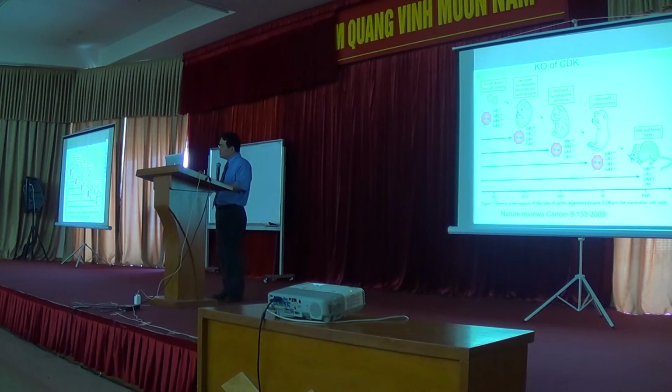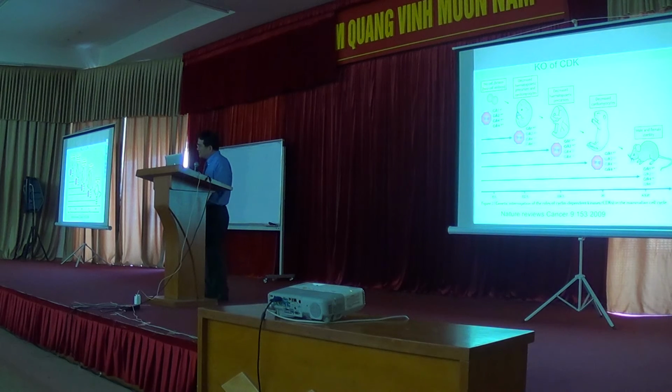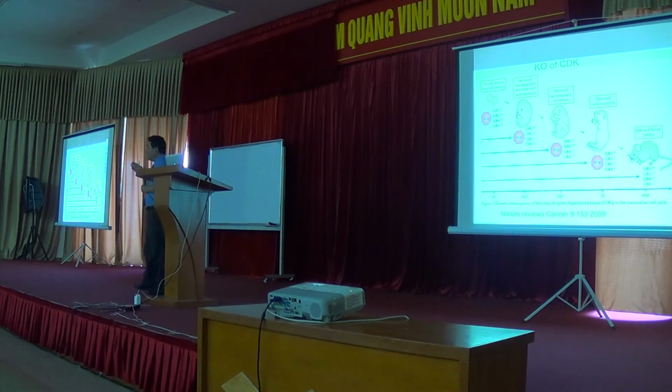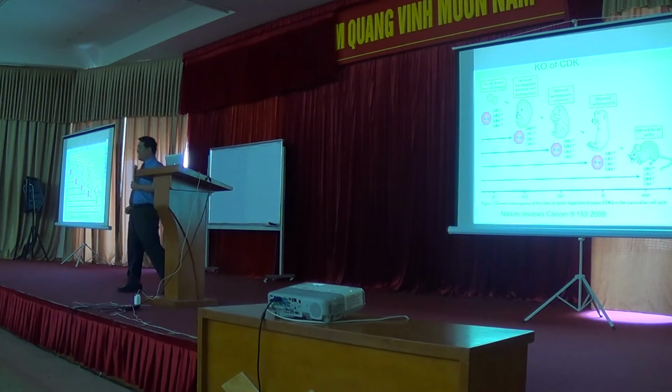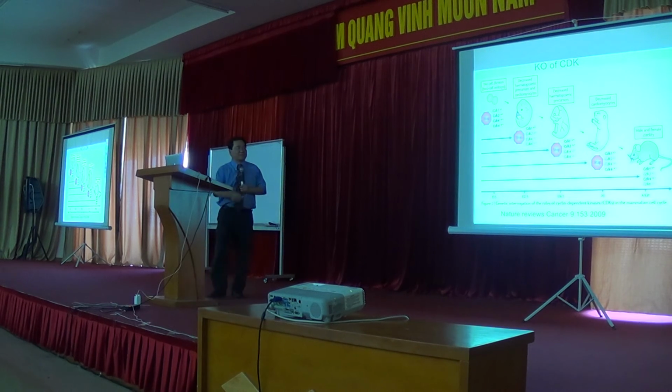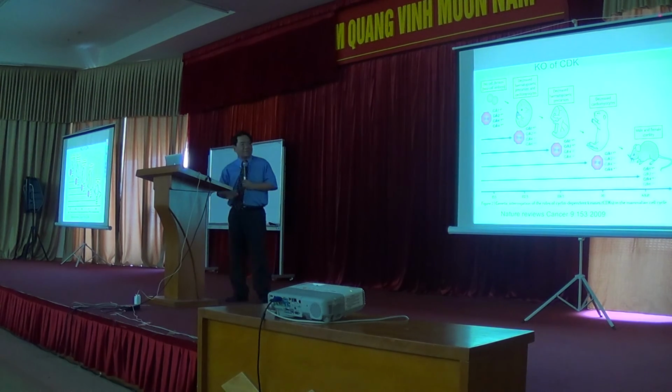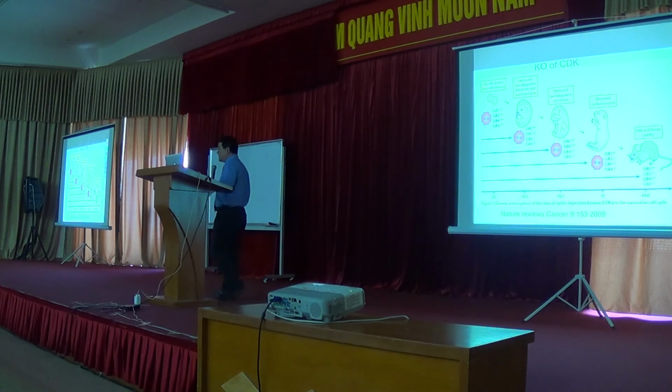Here it shows you in much more detail. So the scientists want to know how detailed the contribution of these different cyclin CDKs is. So they not only do single knockouts, they do double knockouts, or even triple knockouts. Okay? So now you can see here, the single knockout of CDK1, as we talked about earlier, the embryo died at 1.5 days.